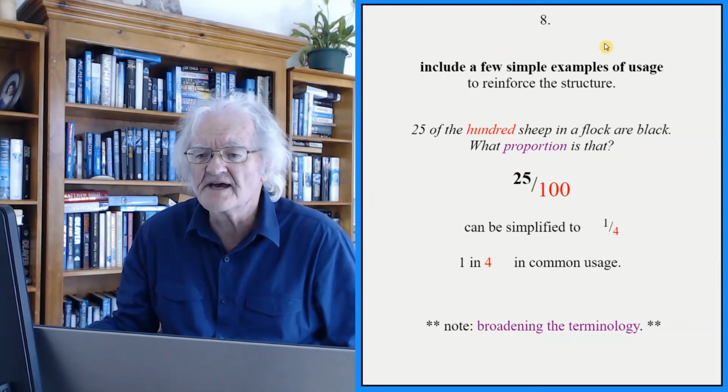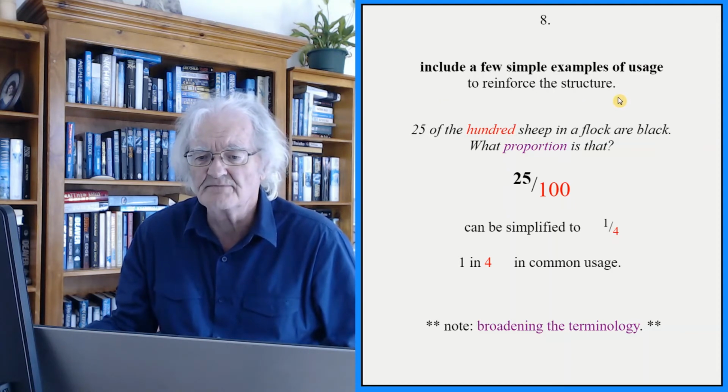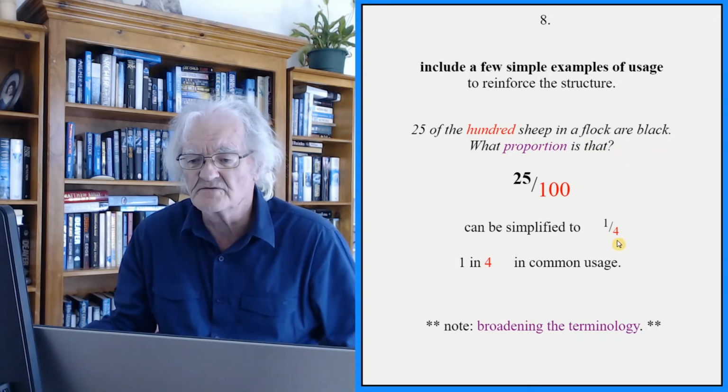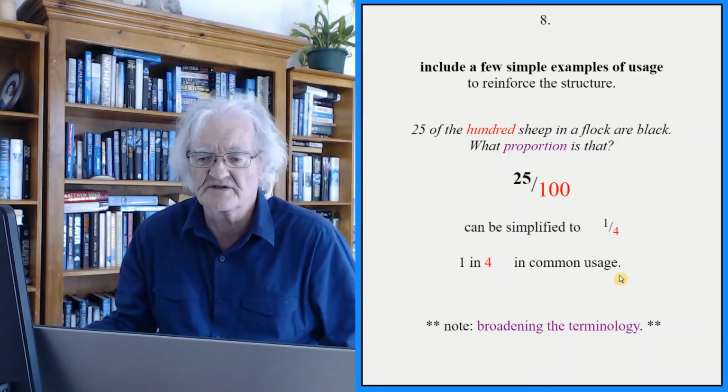Include a few examples of usage to reinforce the structure. For example, you could say 25 of the 100 sheep in a flock are black. What proportion is that? Well, 25 compared to the 100, which can be simplified to 1 over 4, or we can say 1 in 4 in common usage.